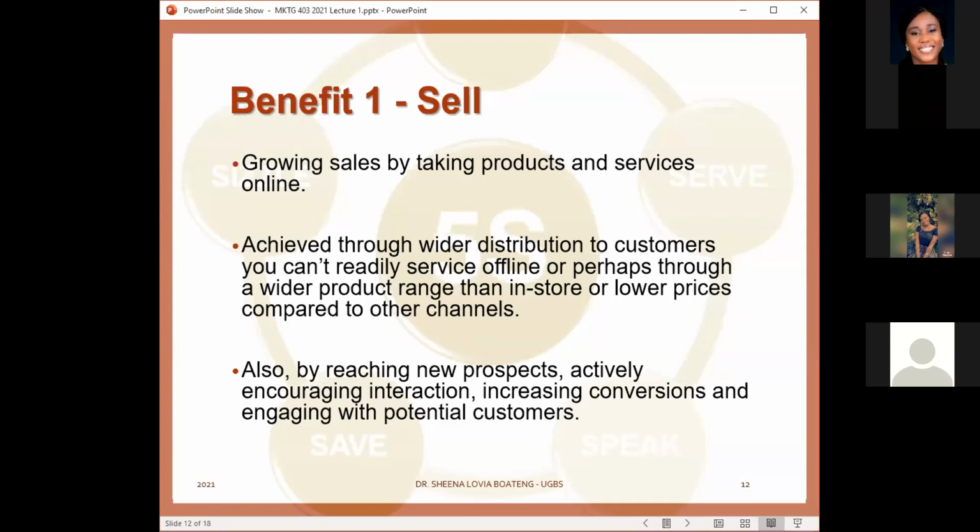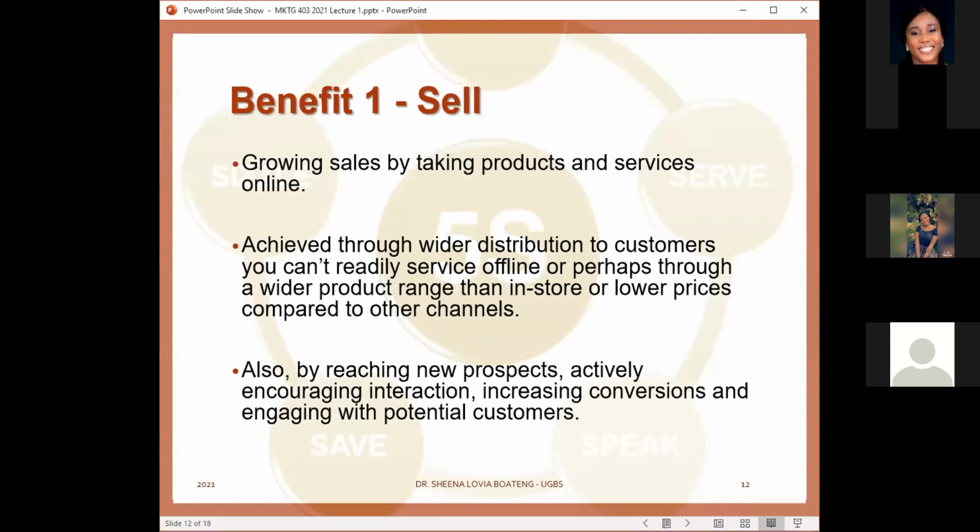For example, in the brick and mortar context, the customer is only restricted to seeing adverts from the brands that advertise on perhaps TV or radio or have a billboard in one or two locations.